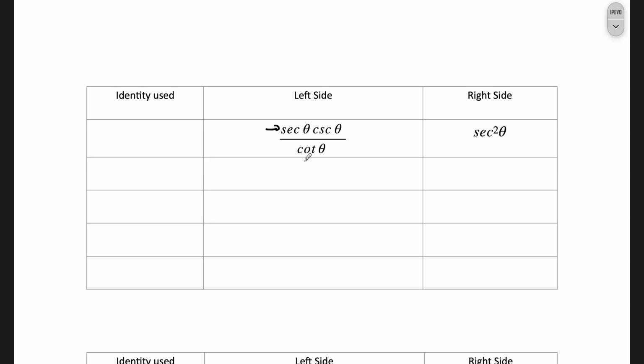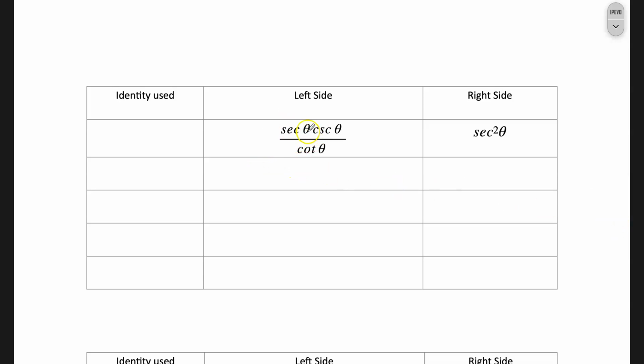And what I mean by correctly is that you just can't make up math, right? You have to use the identities in a mathematically okay way, an acceptable way, if you will.